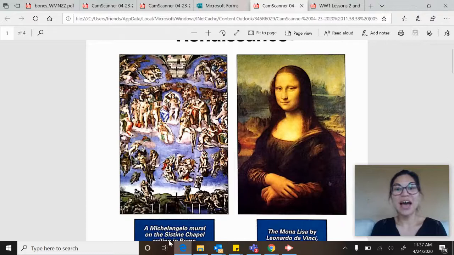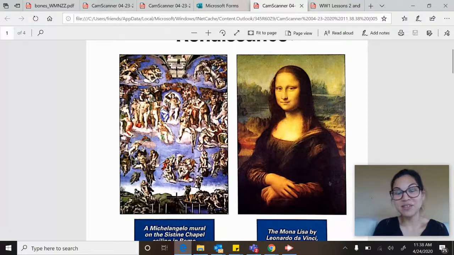So I just read the passage about the Renaissance and about these two paintings. During this time period, many paintings like the Mona Lisa here, and also the mural that Michelangelo painted on the ceiling of the Sistine Chapel, were created. Take a look at both of these paintings. What are some observations that you can make?